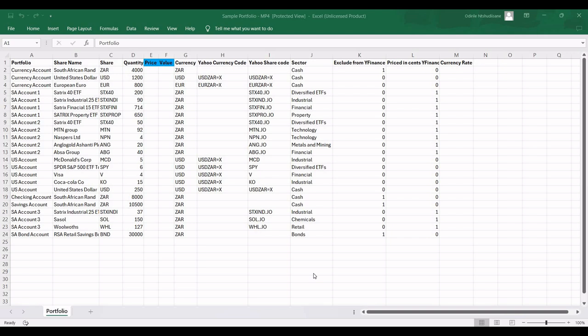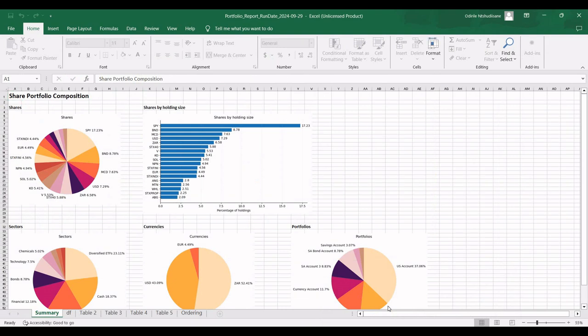This was a Python script that took in a set of assets in the form of a table and used the yfinance module to update the prices of those shares or assets, and then further used other modules such as OpenPyXL to output a report which aggregated the data in terms of shares, sector breakdown, currencies, and portfolios.